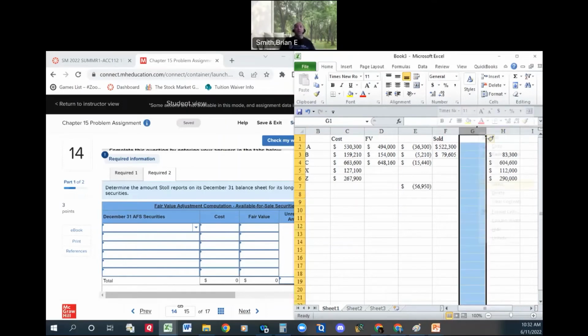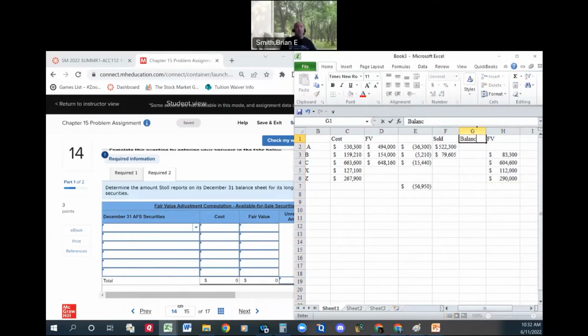Let's go balance of our cost, and we're going to take our cost minus our sold. Oh, wait, no, we sold off all that. We sold off the full amount. That way, cost minus the sold. Okay, so let's do this.